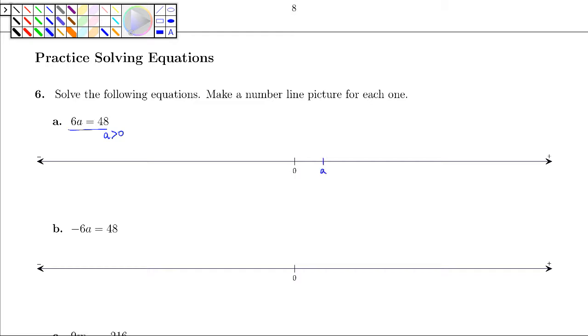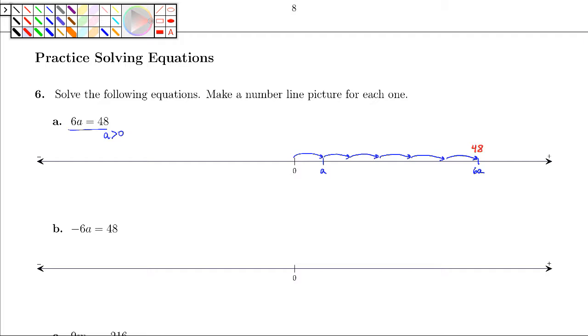And I can say, well, if I have 6 copies of A, 1, 2, 3, 4, 5, 6 copies of A, then that has to be the number 48.